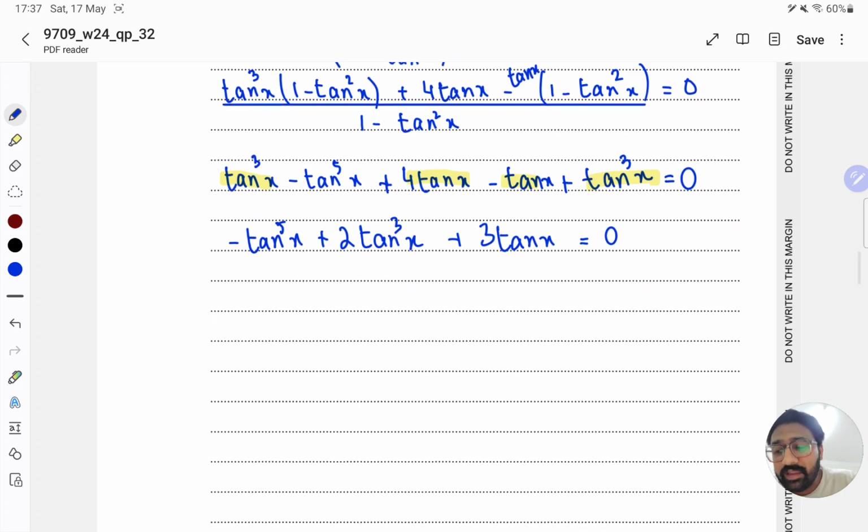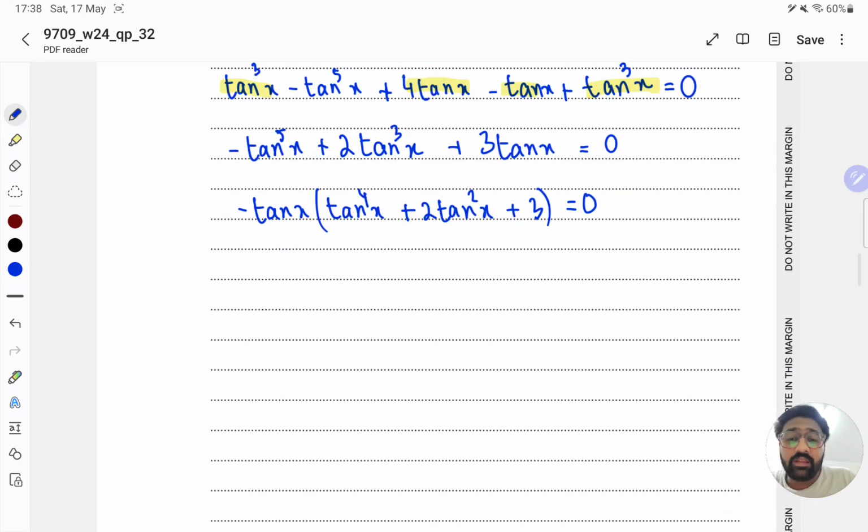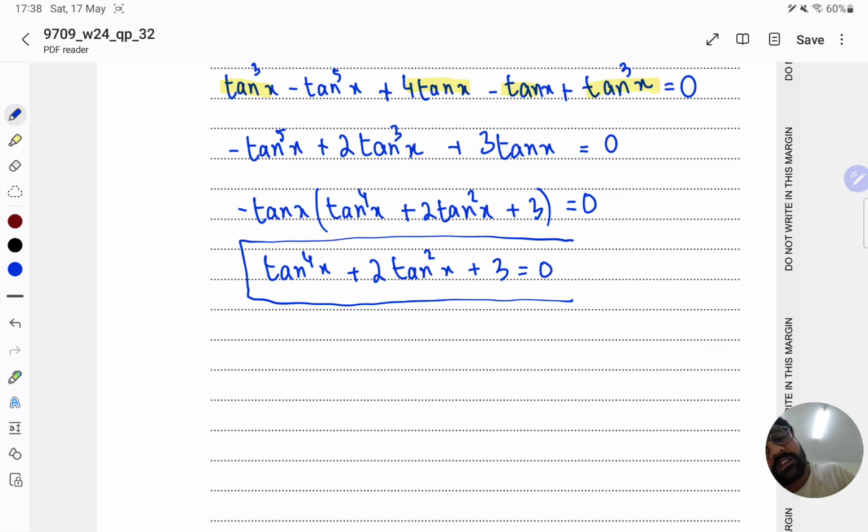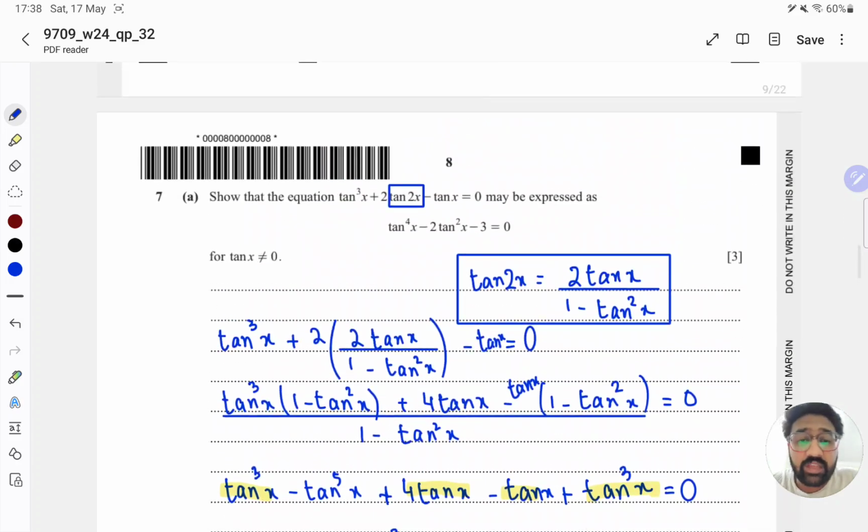Now what I can do is take negative tan x as a common. So if I take negative tan x, I'll have tan 4x plus 2 tan square x plus 3 equal to 0. This negative tan x will go to the other side, it will divide, and I will be left with tan 4x plus 2 tan square x plus 3 equal to 0. And this is what I was supposed to show.